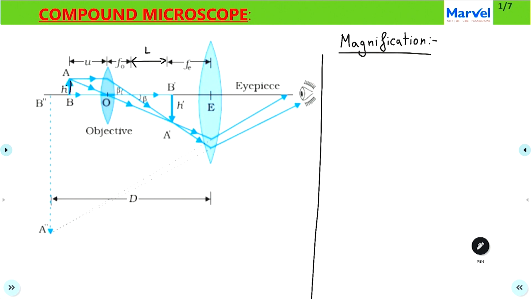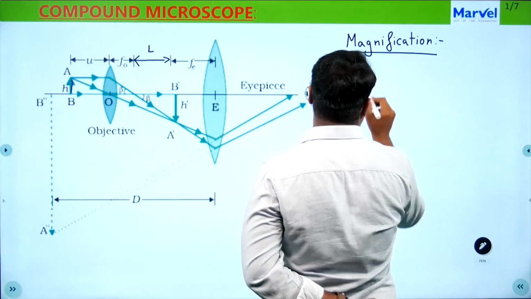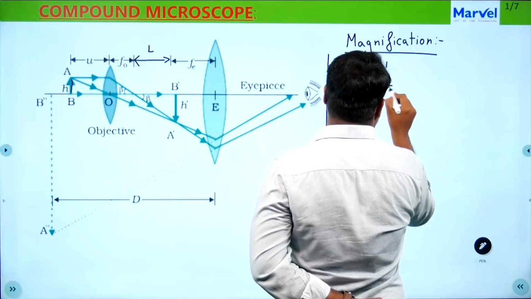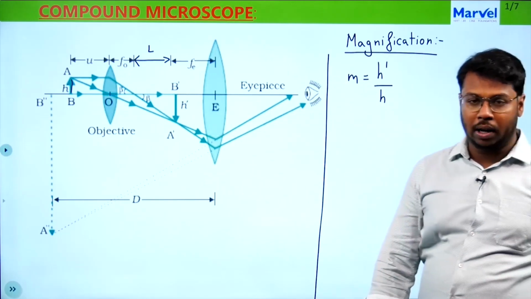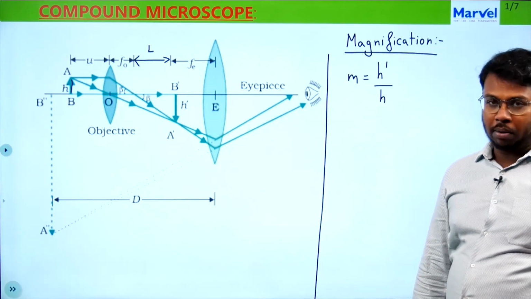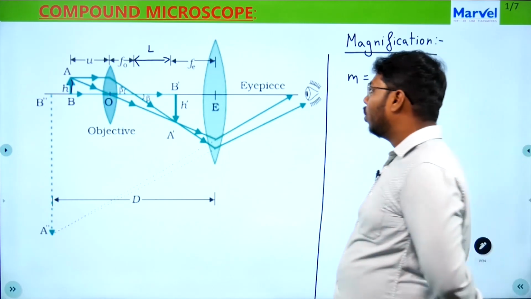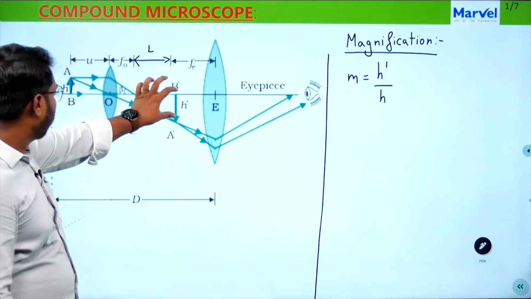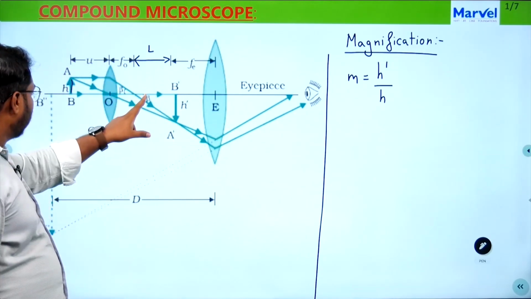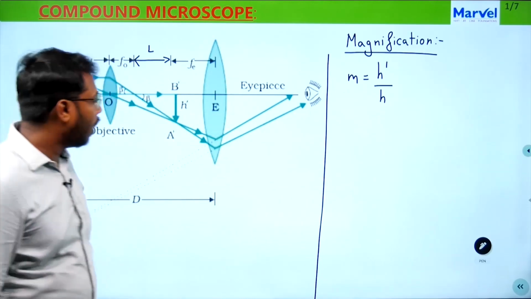The magnification, small m, is equal to h prime by h. So that is what I am going to find. This is h prime and this is h. This is beta that I have marked in.